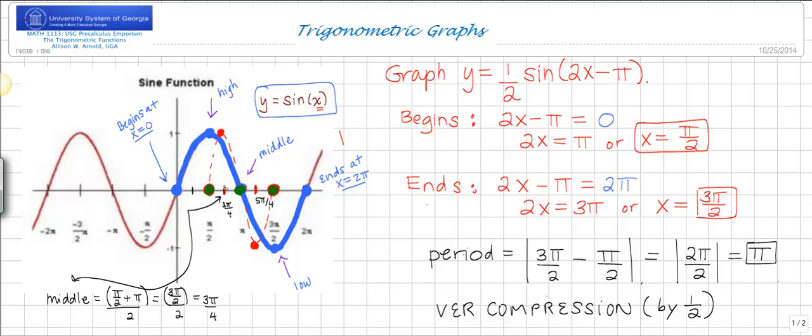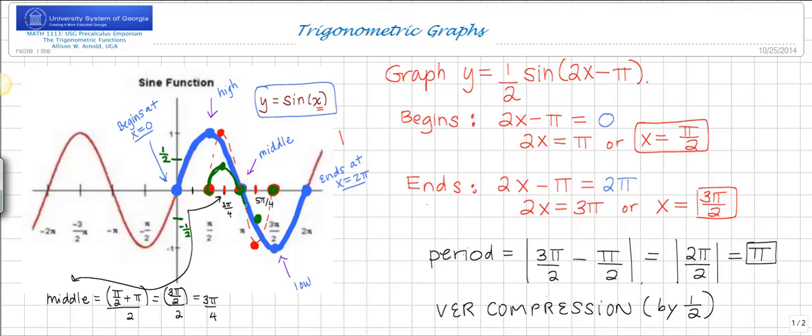Here at the point 3/4 pi, comma 1, you're going to now have 3/4 pi, comma 1/2, like so. And 5/4 pi, multiplying the -1 here by 1/2, will now reach down and bottom out at -1/2.